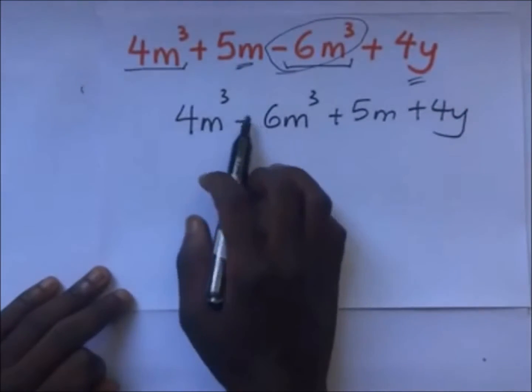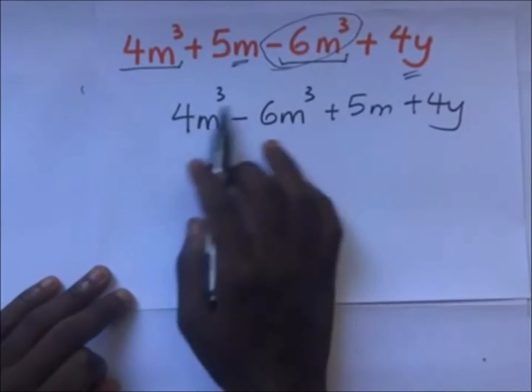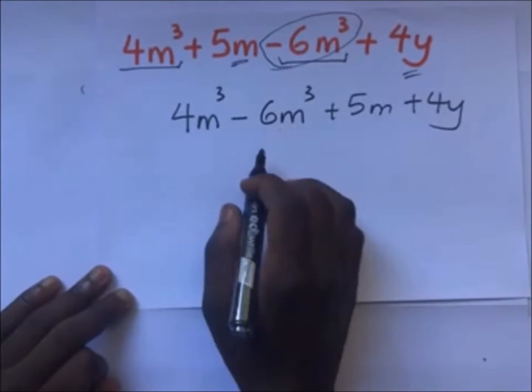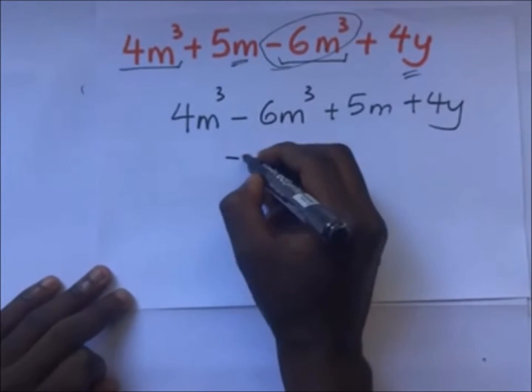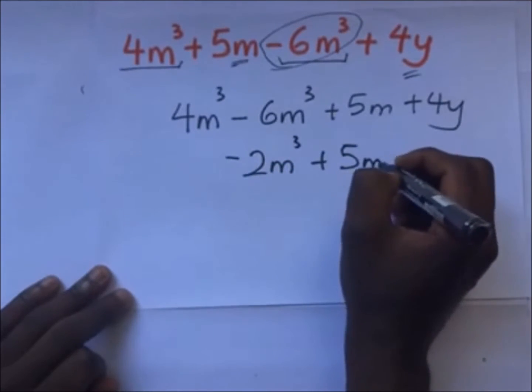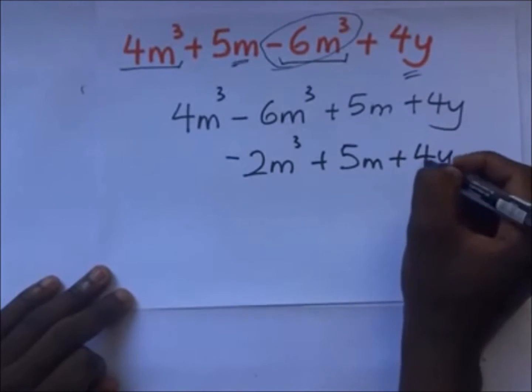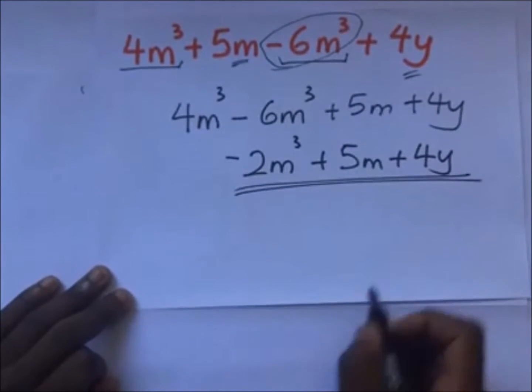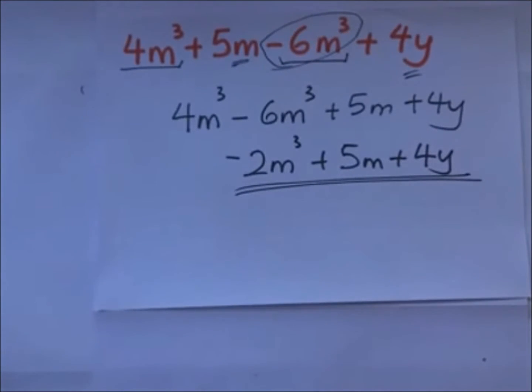Then for 4m cubed minus 6m cubed, since these are like terms, they are compatible. 4 minus 6 is going to give us minus 2m cubed plus 5m plus 4y. And that's how we collect like terms.